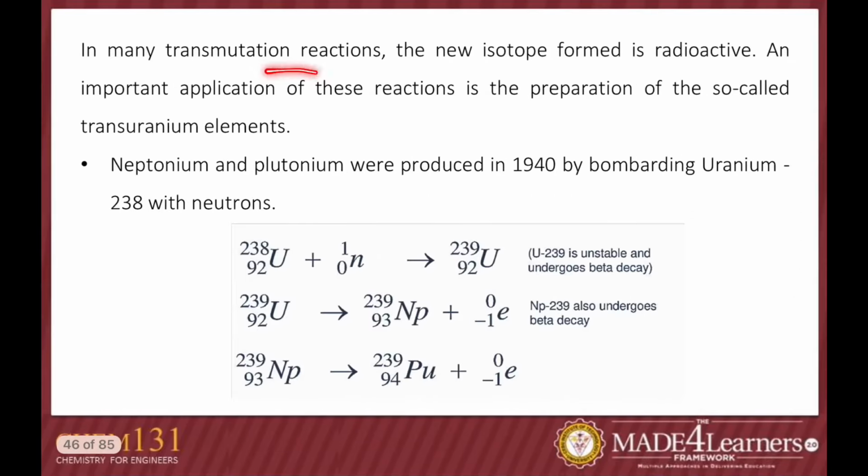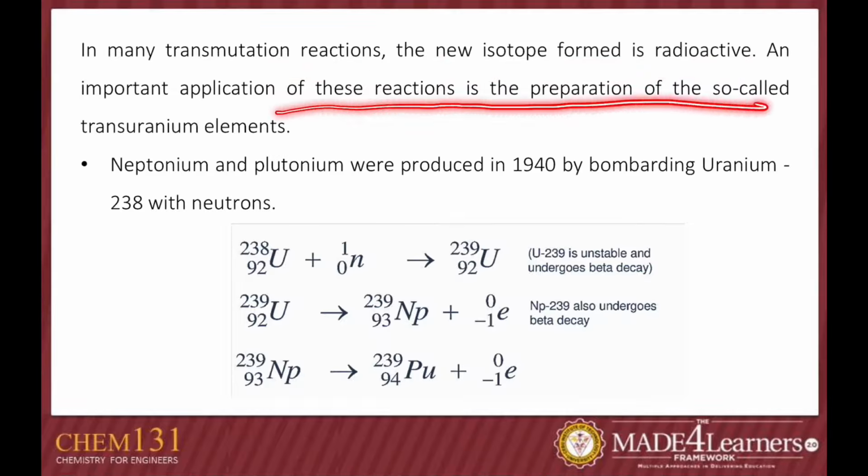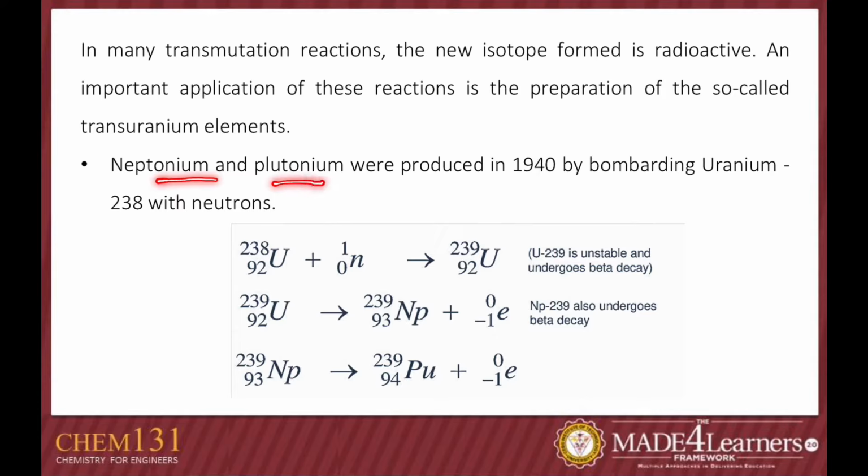So in many transmutation reactions, the new isotope formed is still radioactive. And an important application of these reactions is the preparation of the so-called transuranium elements. You can find them in your periodic table. For example, neptunium and plutonium are transuranium elements.